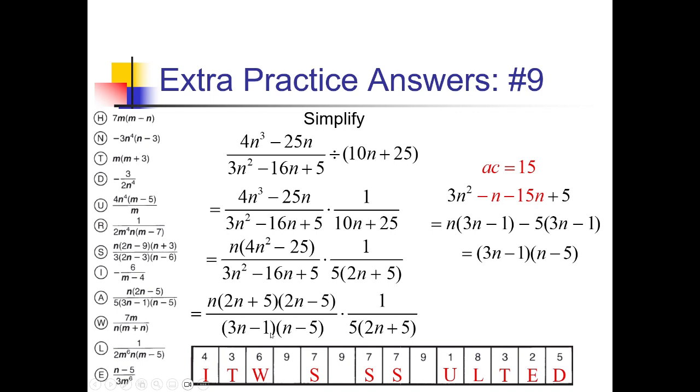Going through and canceling now, can't do anything with the n here, but my 2n plus 5 cancels with this one down here. 2n minus 5 doesn't match anything, so let me keep looking here. There really isn't anything else, is there? These things down here don't have any matches above anywhere. This 5 is just going to have to stay where it is. Yeah, this was kind of a bust.